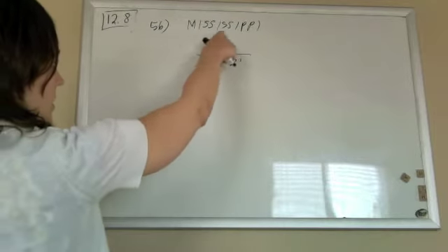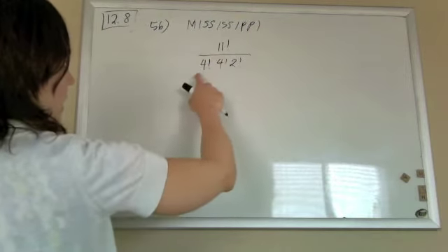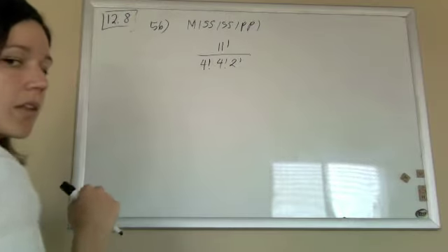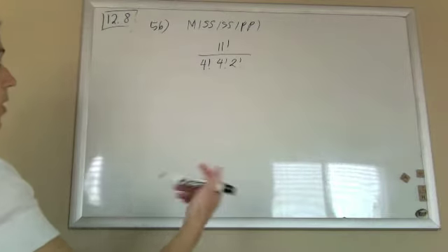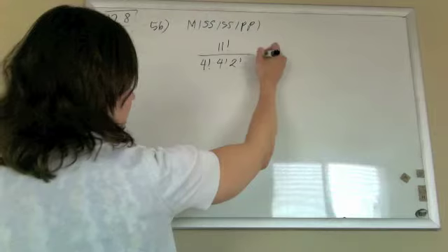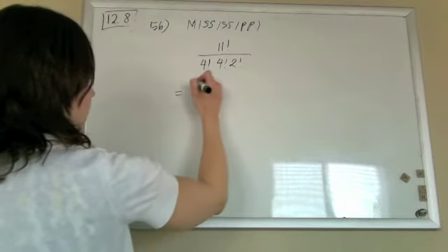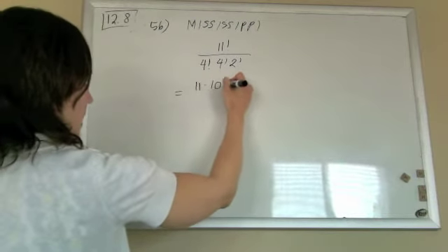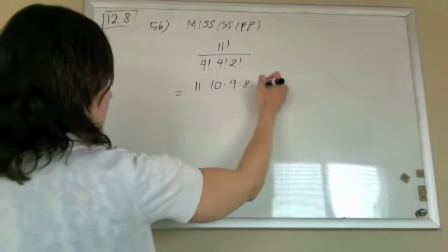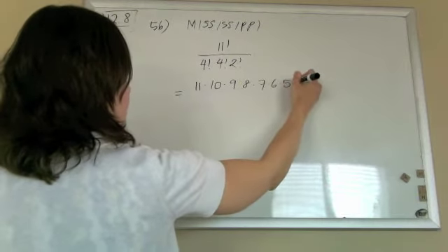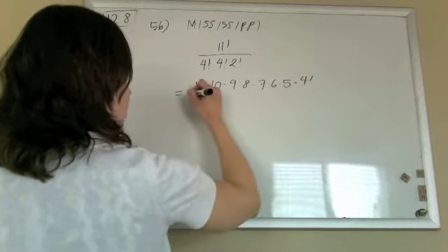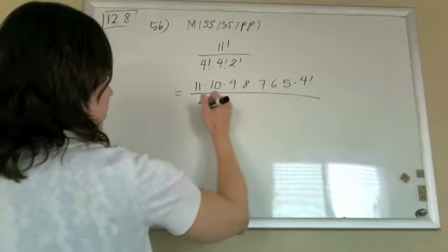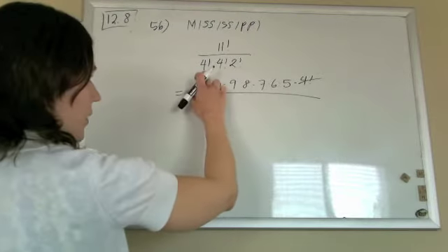So it's the total number divided by each of the repeats. So if you were to actually calculate this out, I'm going to write out 11 factorial is 11 times 10 times 9 times 8 times 7 times 6 times 5. I want to stop at 4 factorial to let it cancel out with this 4 factorial on the bottom.